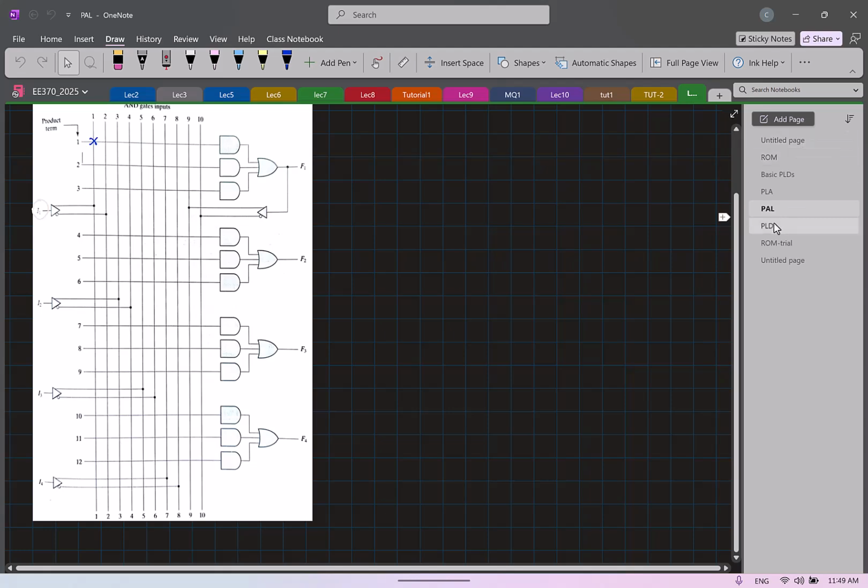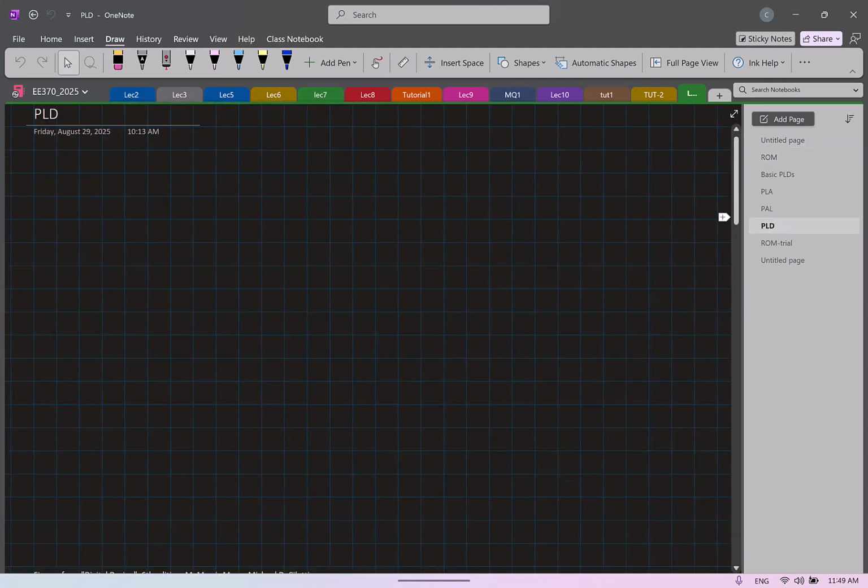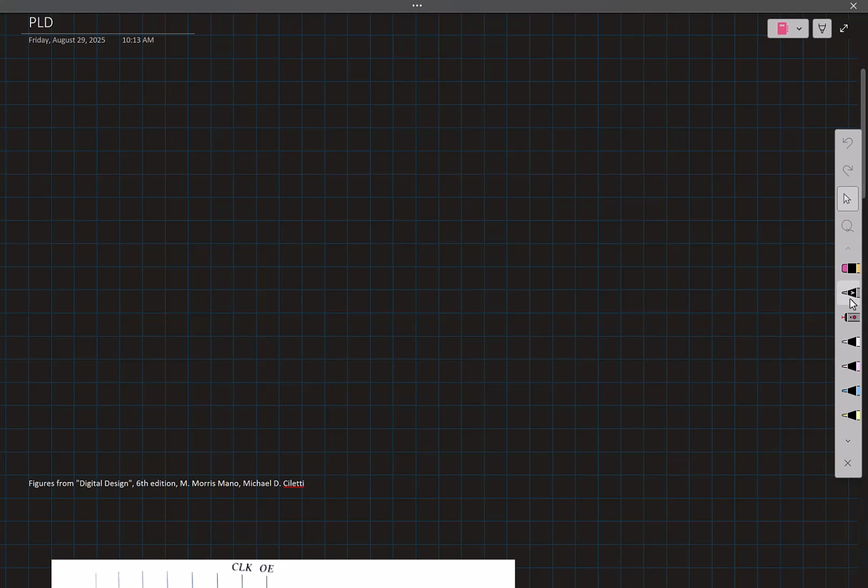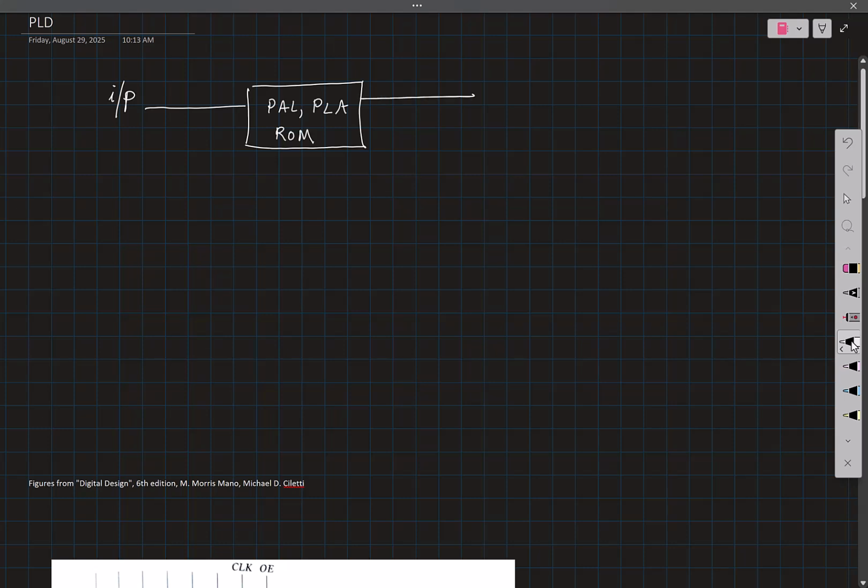So in particular, what we would like to see now is a provision to feed our inputs to some sort of AND OR array. So maybe we'll use a PAL or a PLA or a ROM. And then we would like to have the provision to feed this into a flop.